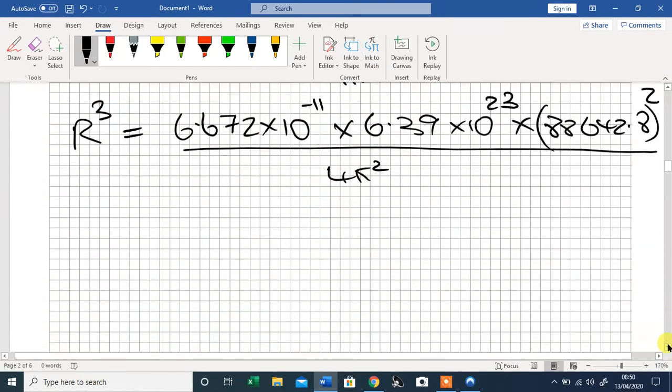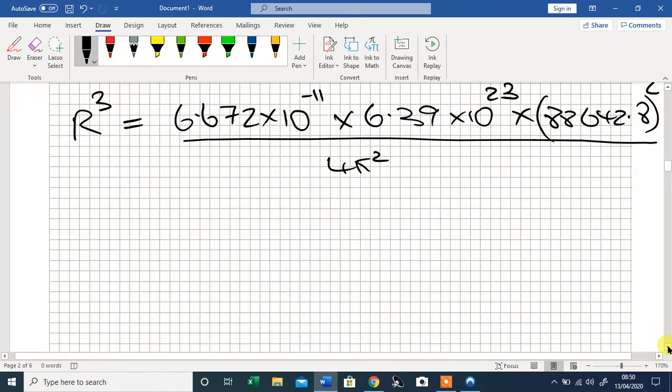so I'm going to just tap this into my calculator and we'll do the calculation together. So we've got 6.672 times 10 to the power minus 11 times 6.39 times 10 to the power 23 times 88642.8 all squared.